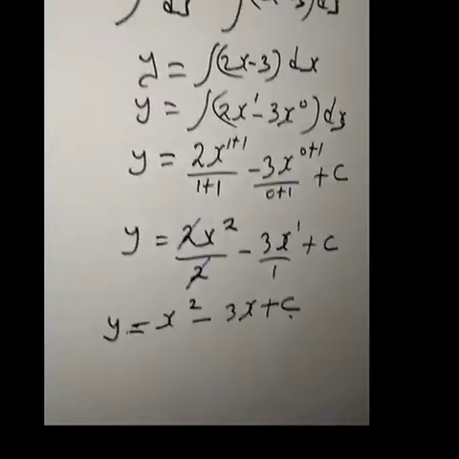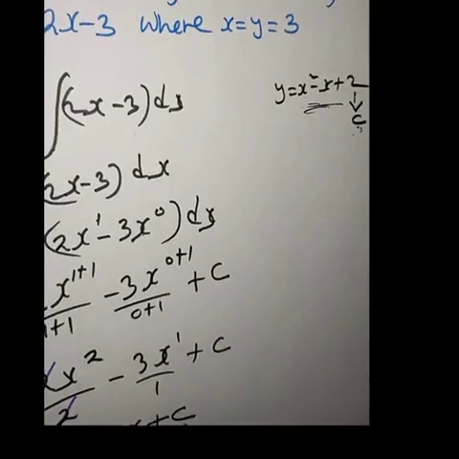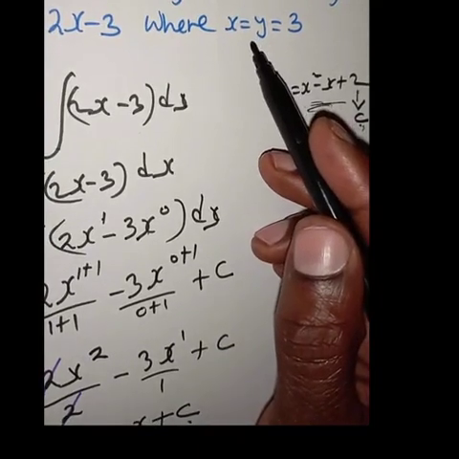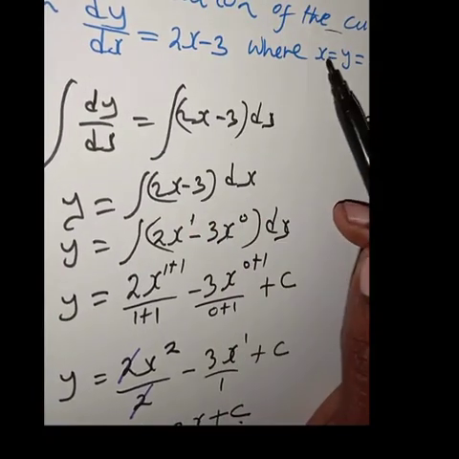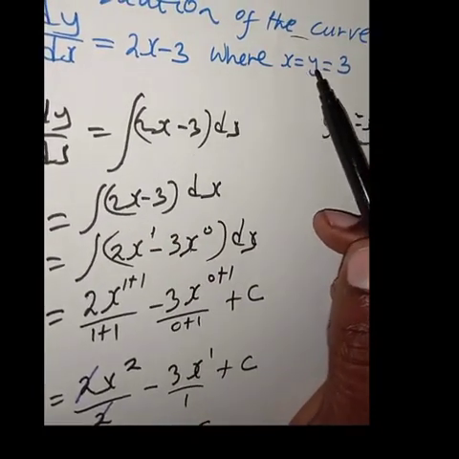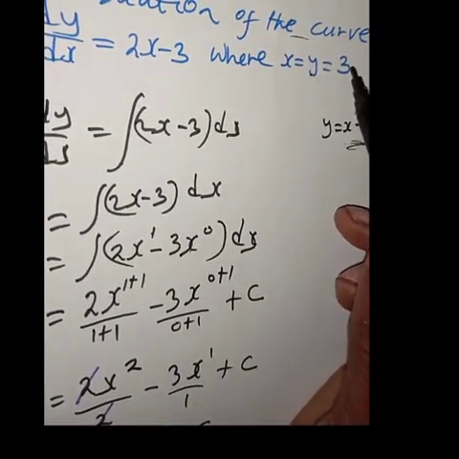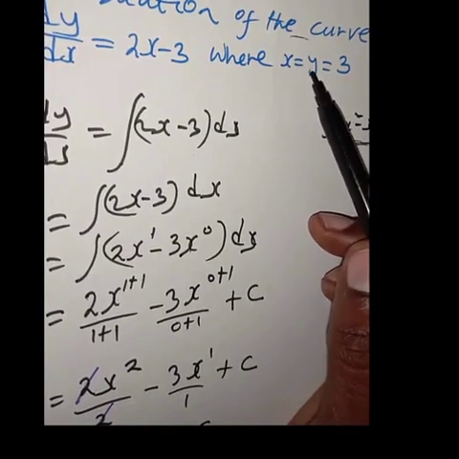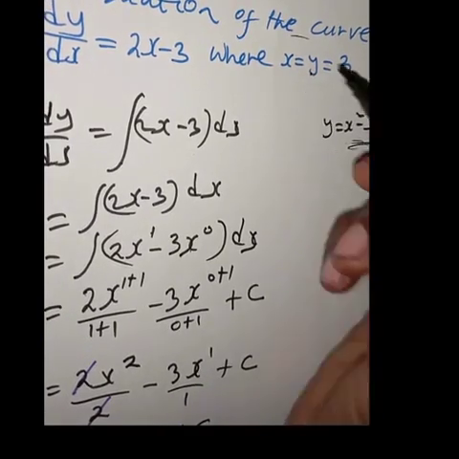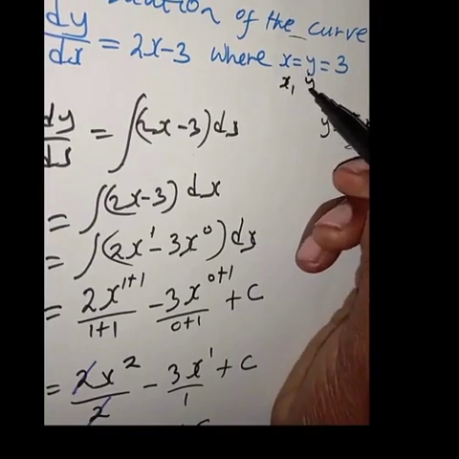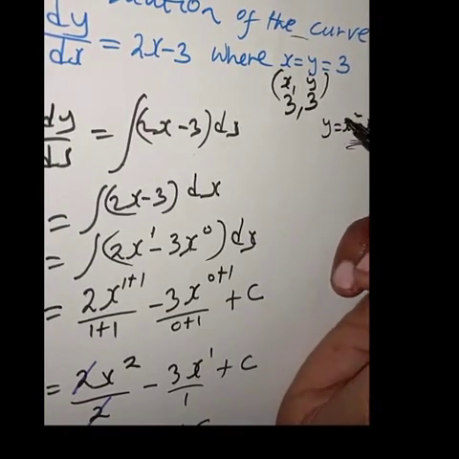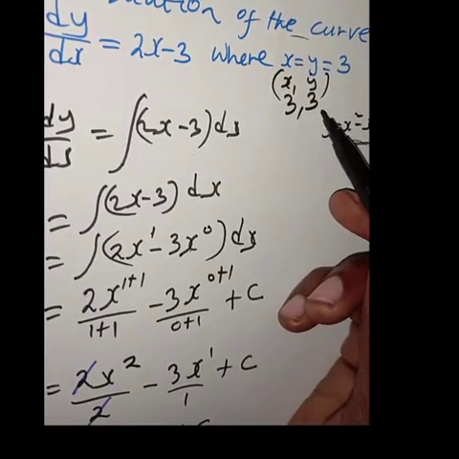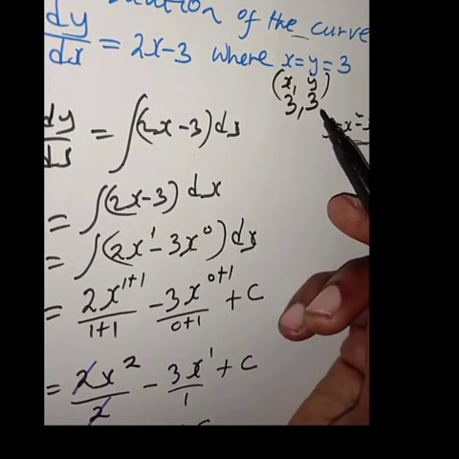Remember that when you read the question, they are saying this dy/dx is where we have x is equal to 3 and y is equal to 3. When they write x is equal to y is equal to 3, it means the x value and the y value are both 3, meaning the point (3, 3).